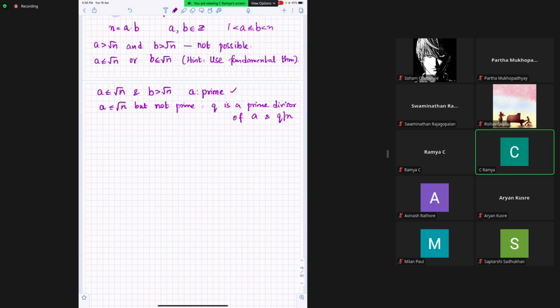So what does this say? If n is any composite number, then there exists a prime divisor less than or equal to root n.